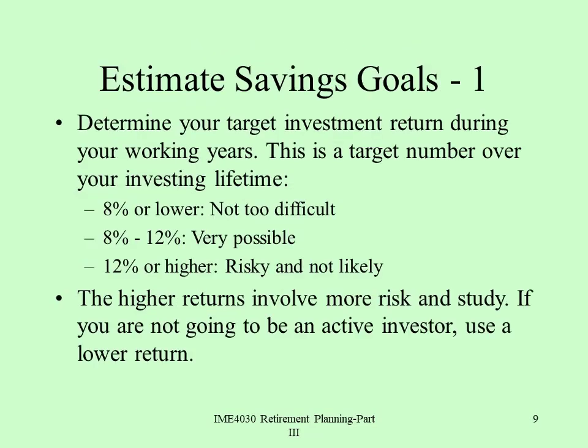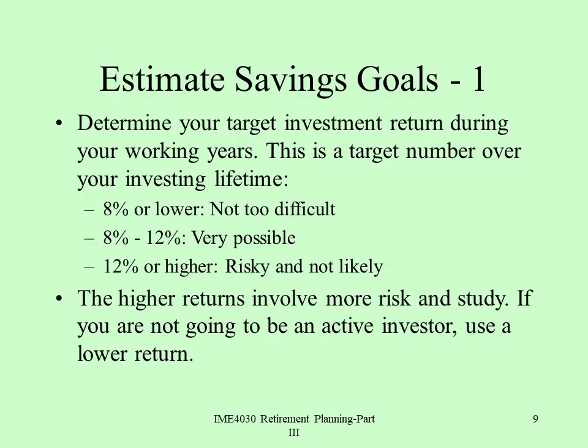If you're working and saving and investing in the early stages of your life, you can be a little more risky in the kind of investments you make, and you can go for the higher returns. 8% or lower is not too difficult to achieve with some of the investment instruments that are around today.